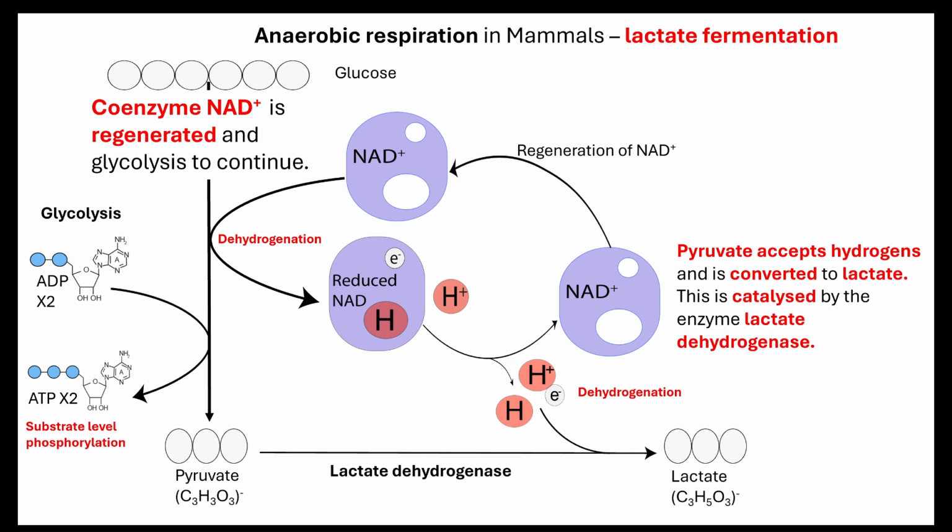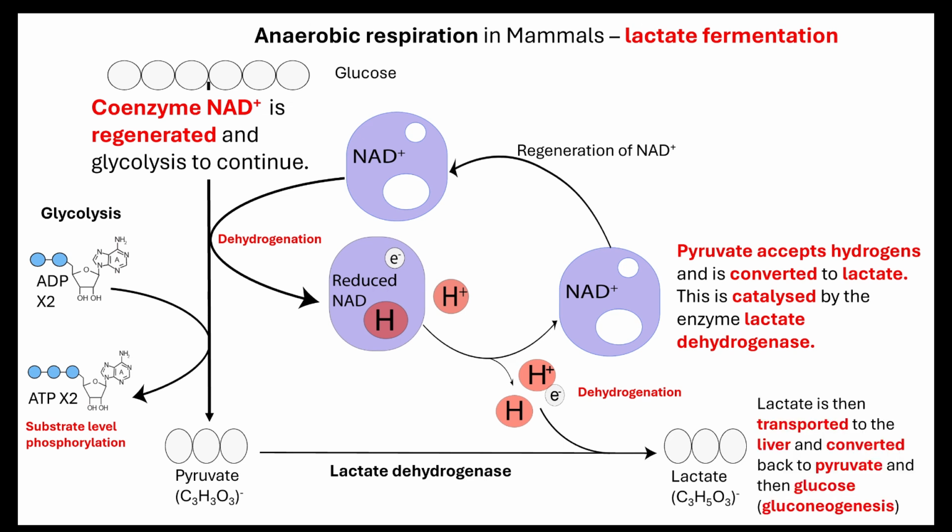Now, the key thing about mammals and the production of lactate is that lactate actually needs to be broken down in the presence of oxygen, and that occurs at the liver. So the lactate is transported to the liver, and what happens at the liver is that lactate is converted back into pyruvate and then converted to glucose, and that's through a process called gluconeogenesis.